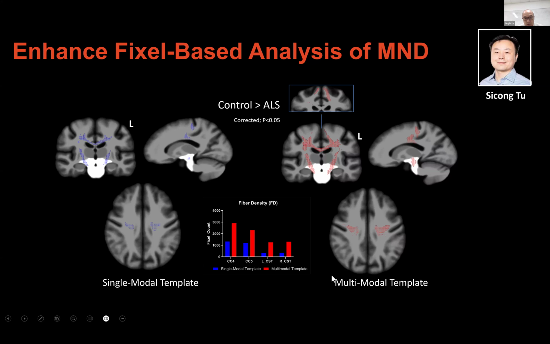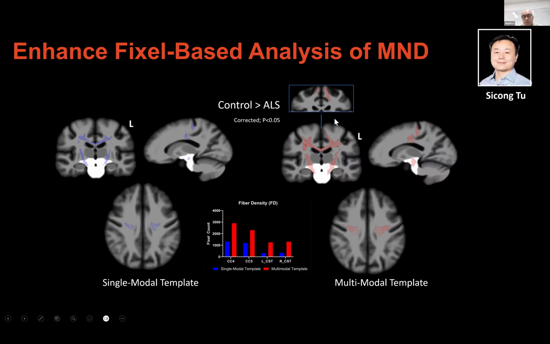Now we redid the analysis with the multimodal template. We found that the finding extends to the superficial white matter, and in certain regions it even extends to the gray matter.